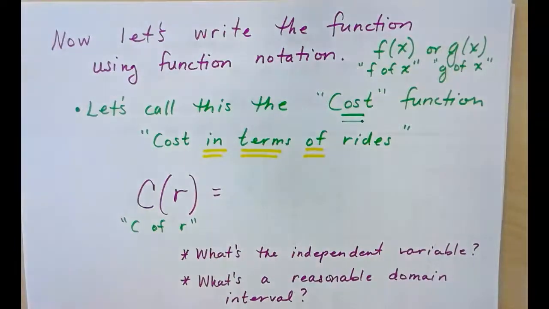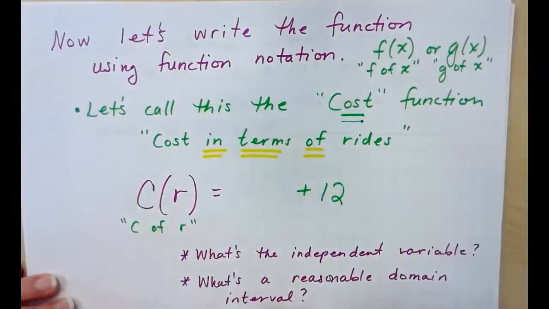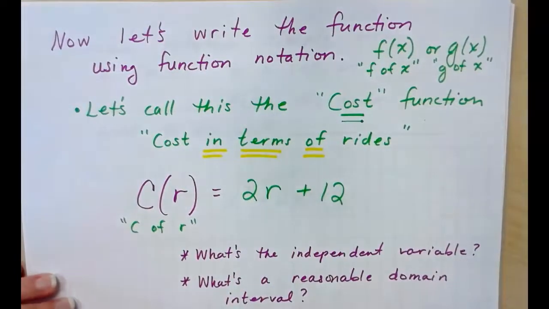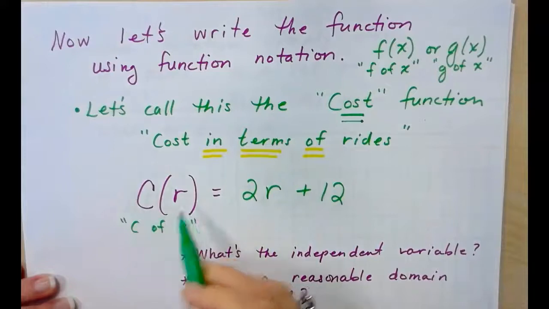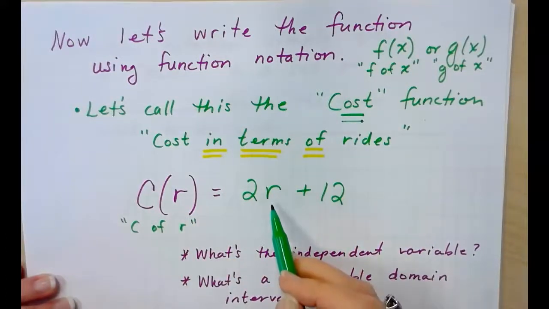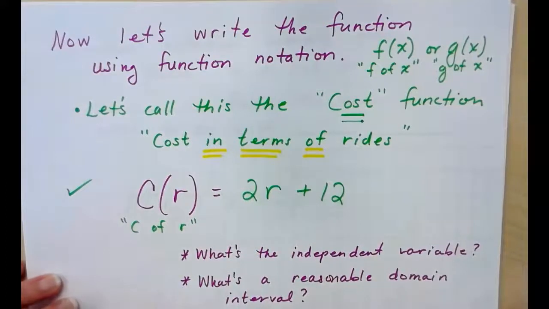So what did we say? It costs $12 just to go to the fair, and then it costs $2 for every ride. So this is the cost function, C of R, in terms of R. 2 times each ride plus $12. So that's how we can write a function.